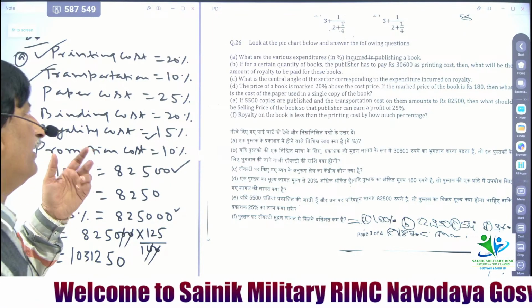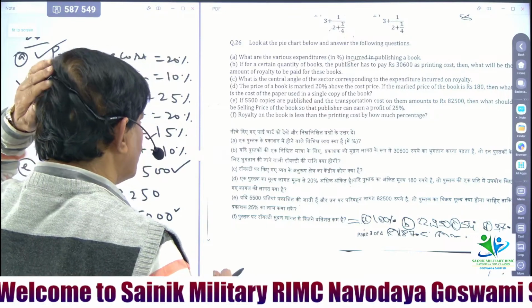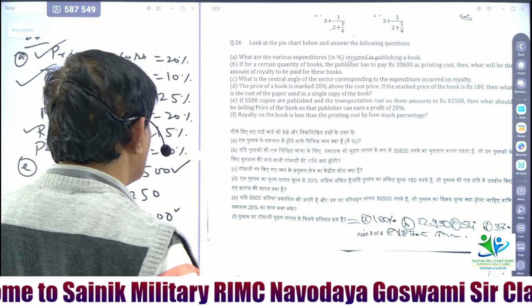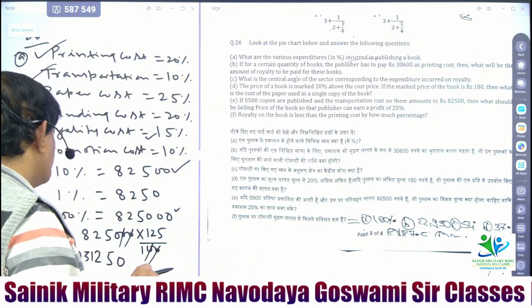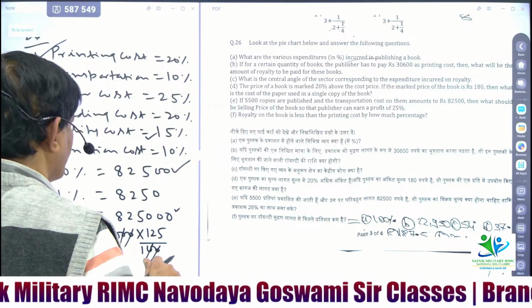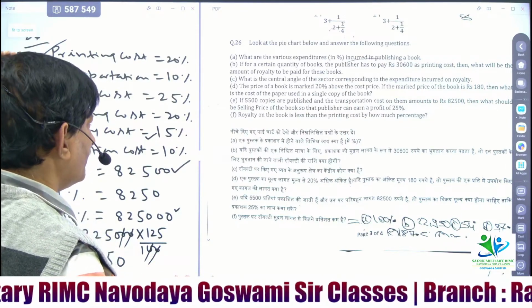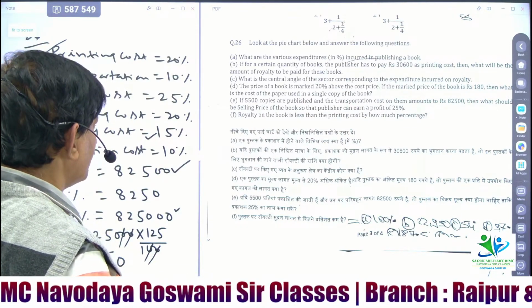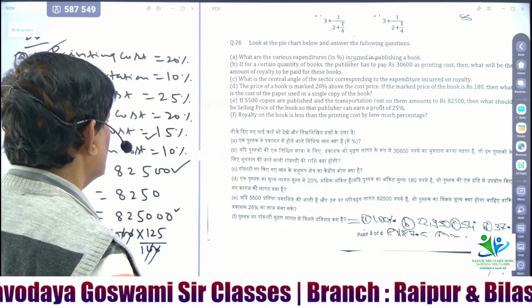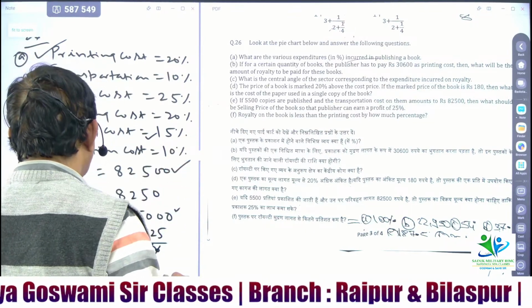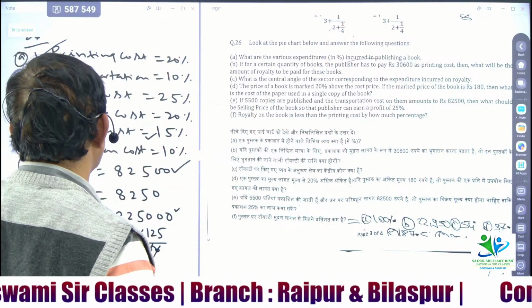If you have to calculate the selling price of each book, then this should be divided by 5,500. But it is not written here. Simply it is written what should be the selling price of the book. That means selling price of the 5,500 copies of books is this one.